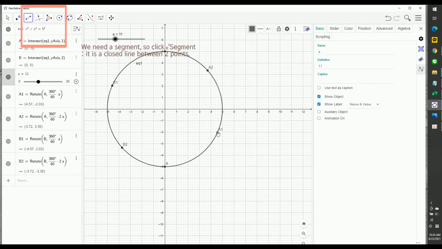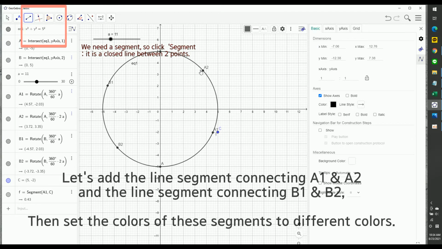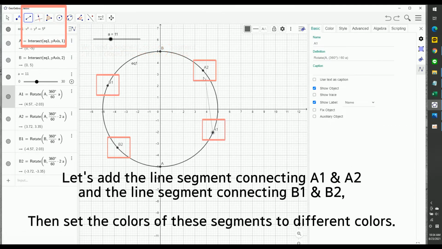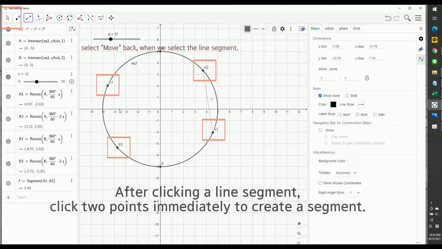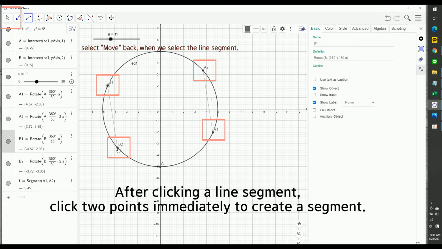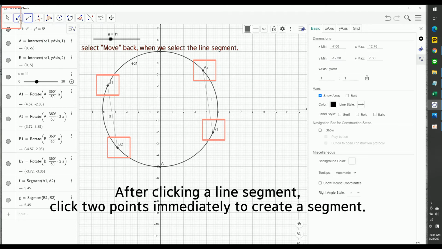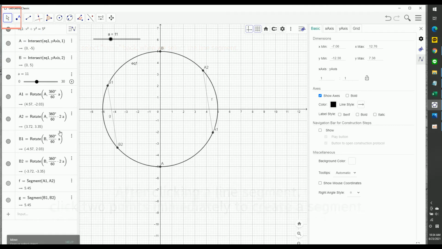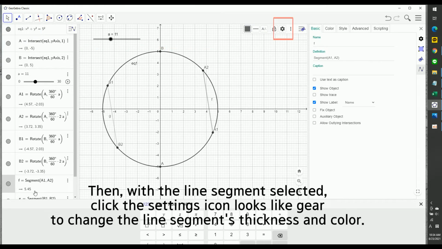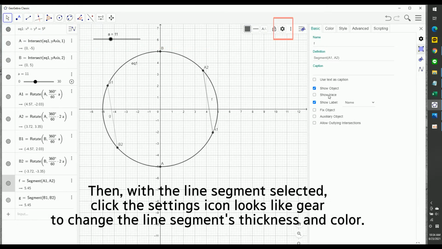Let's add a line segment connecting A1 and A2, and a line segment connecting B1 and B2. After clicking the line segment tool, click 2 points immediately to create a segment. Then, with the line segment selected, click the setting icon that looks like a gear to change the line segment's thickness and color.